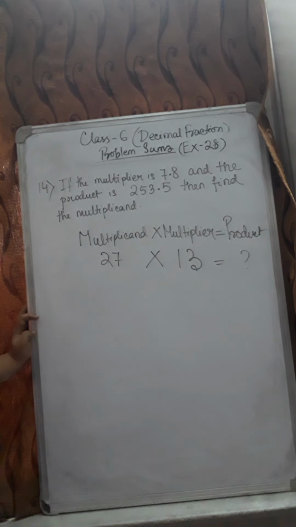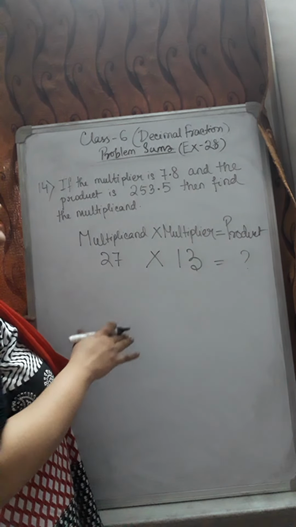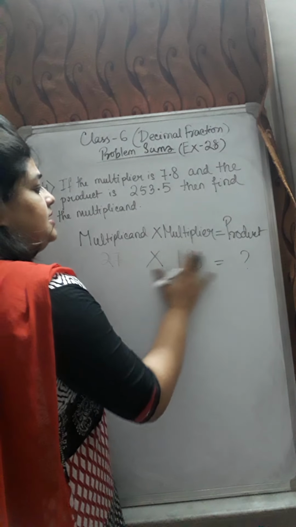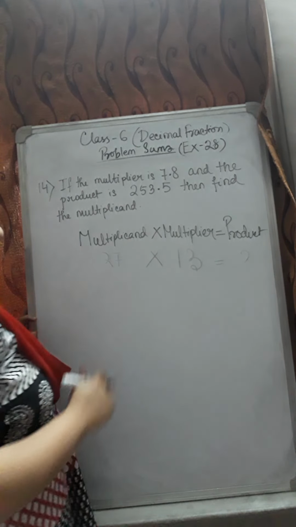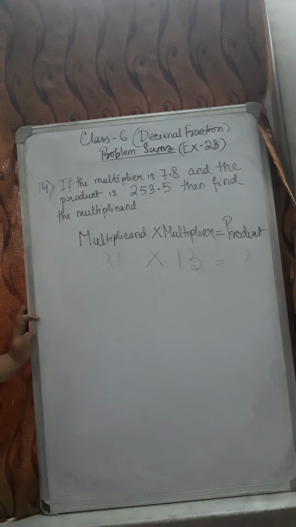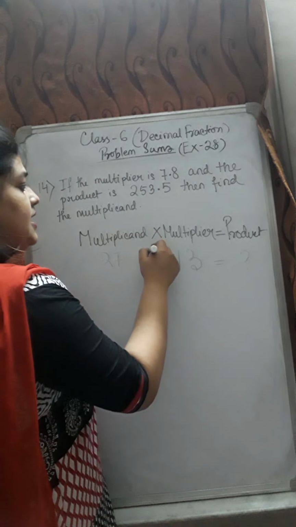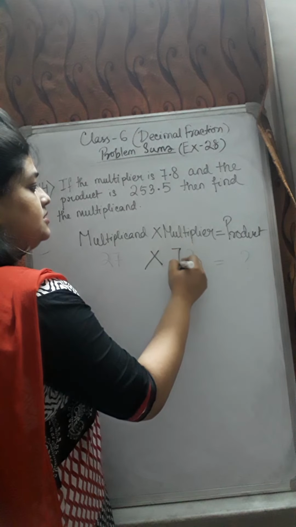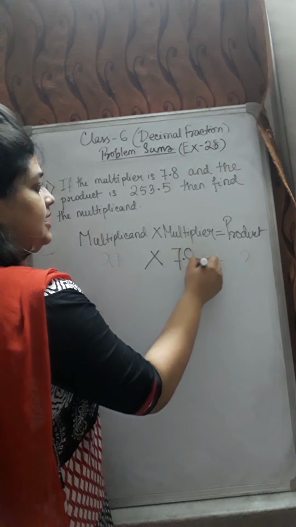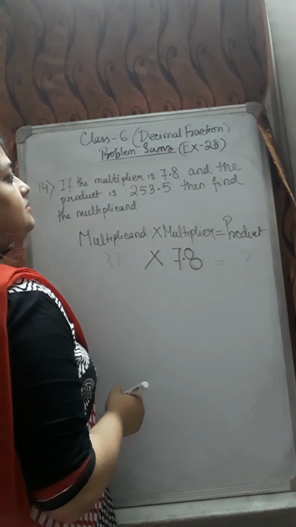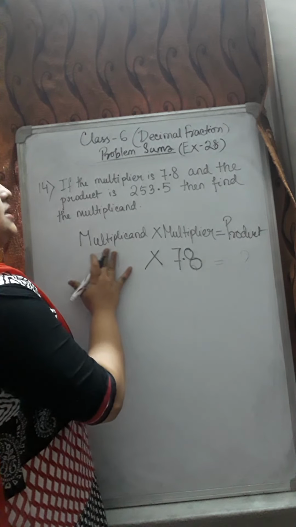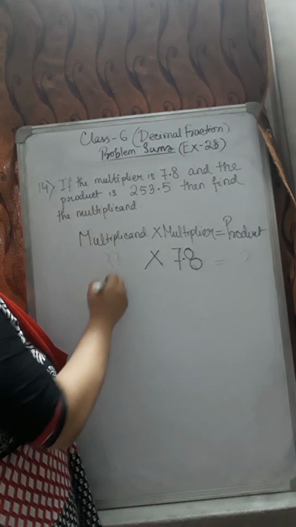product. So in a similar way, in this question also, the multiplier is given and the product is given. The multiplier is 7.8 and the multiplicand is unknown. You have to find the multiplicand.